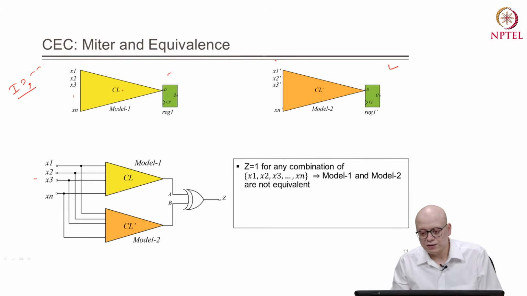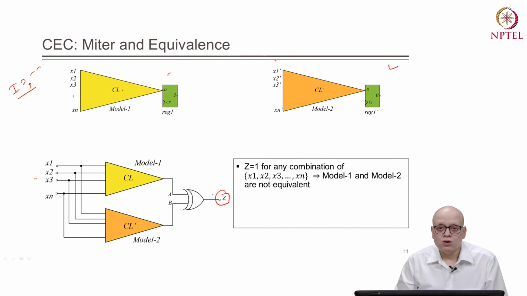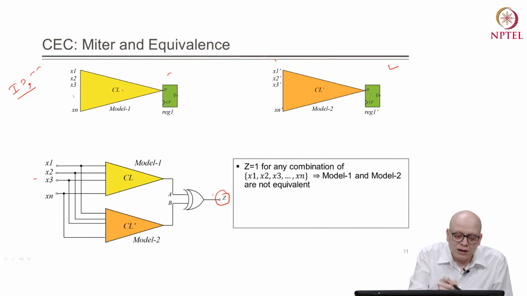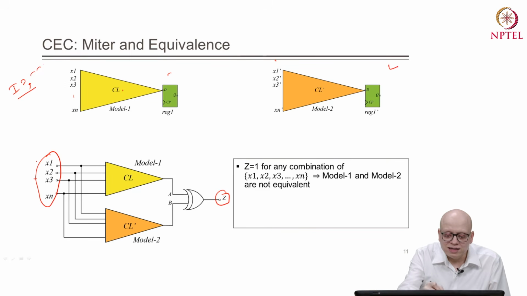Then this output will always be 0. If there is some combination of inputs for which one model produces 0 and the other combinational logic produces 1, then we will get the output Z equal to 1.